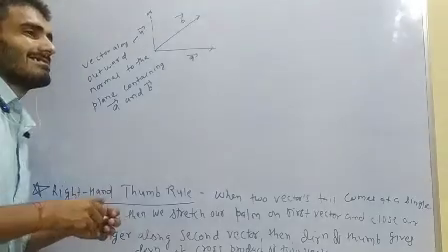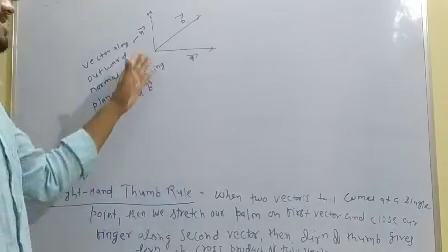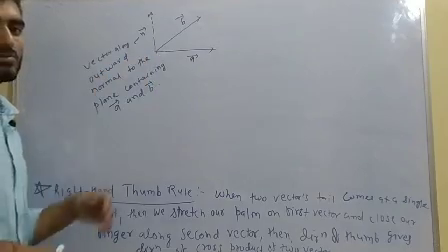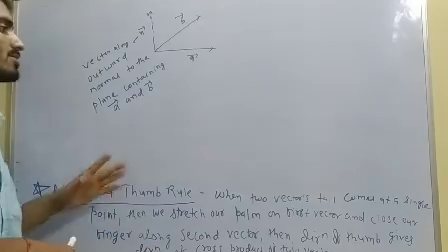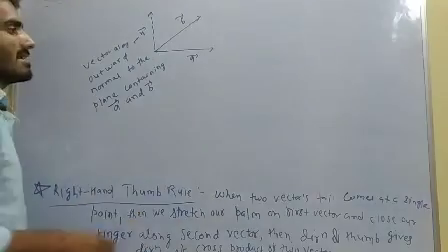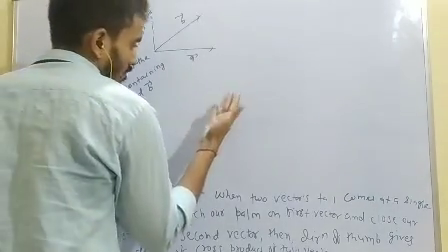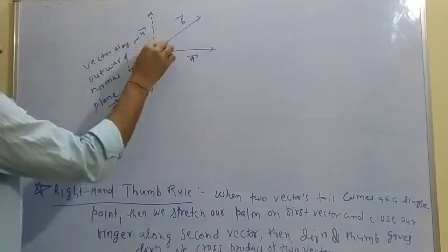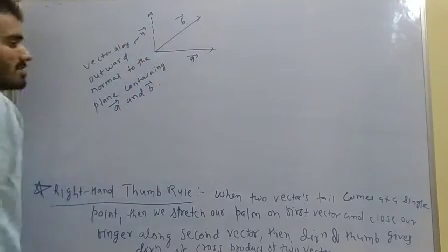We already see that the cross product of two vectors is perpendicular to the plane containing vector A and vector B. Suppose vector A and vector B are contained in this board plane, then vector A cross vector B is the outward normal to the plane of board.